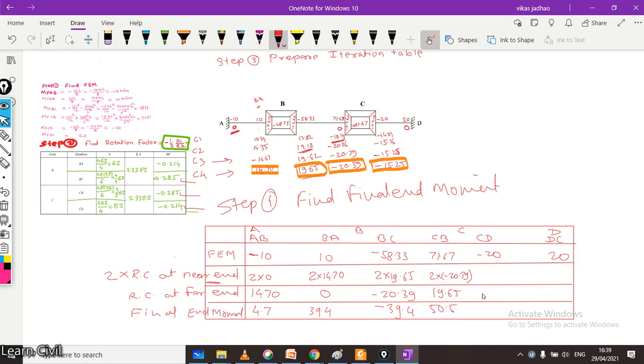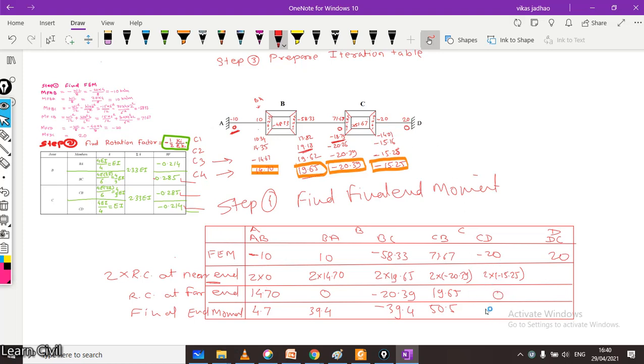And last but one, for CD, you can see this minus 20 is the fixed end moment. For CD, rotation contribution near end is minus 15.25. So 2 into minus 15.25. Here rotation contribution at far end is 0. So 0.